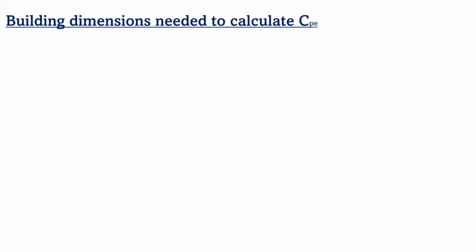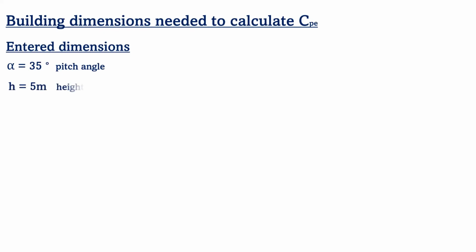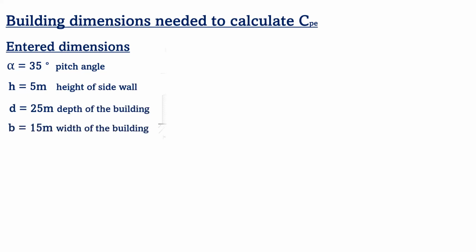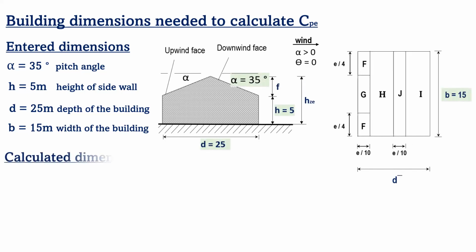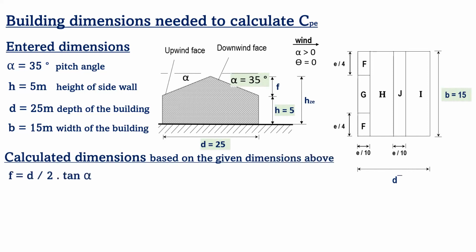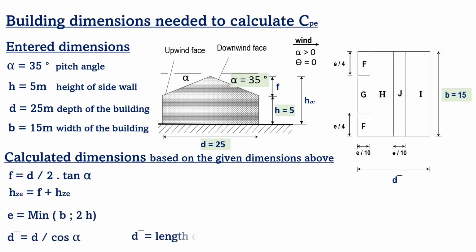Building dimensions needed to calculate CPE. Alpha is the pitch angle, H is the height of the sidewall, D is the depth of the building parallel to the wind direction, B is the width of the building perpendicular to the wind direction. Calculated dimensions based on the given dimensions above.